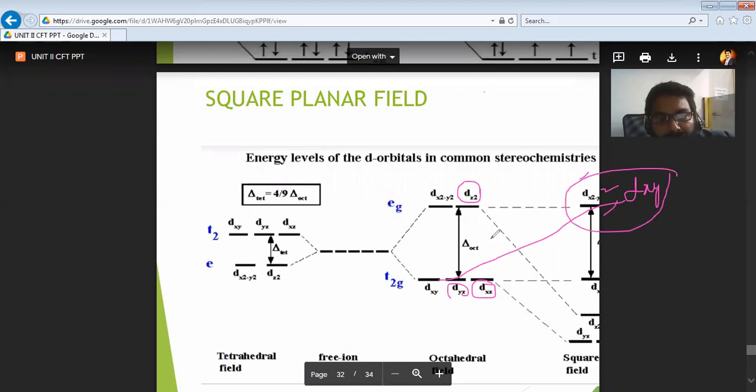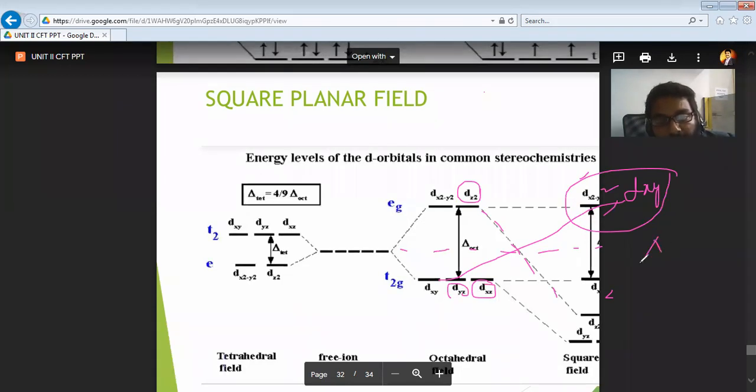The remaining ones settle downward: dz square, dyz, and dxz also. Yes, these are the lower energy states.